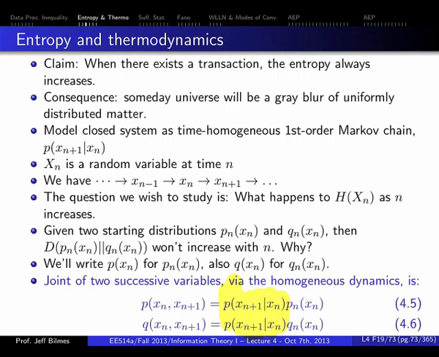So the probability of xn given xn plus 1, this guy could put mass on just one value and nowhere else, and this guy could put mass on one value and nowhere else. So they could be completely different, very, very different. Let me write that down in case that's not clear.